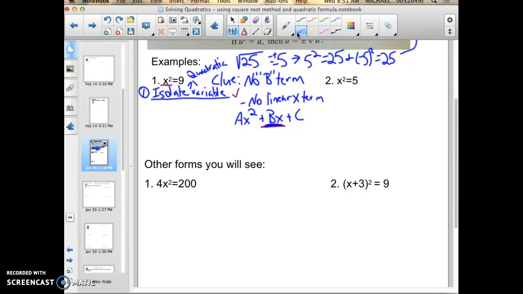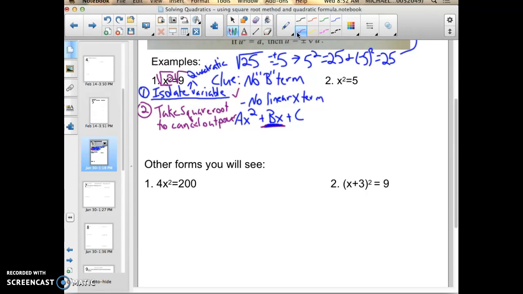The second step is to take the square root to cancel out the power. Whatever I do to one side, I have to do to the other side.